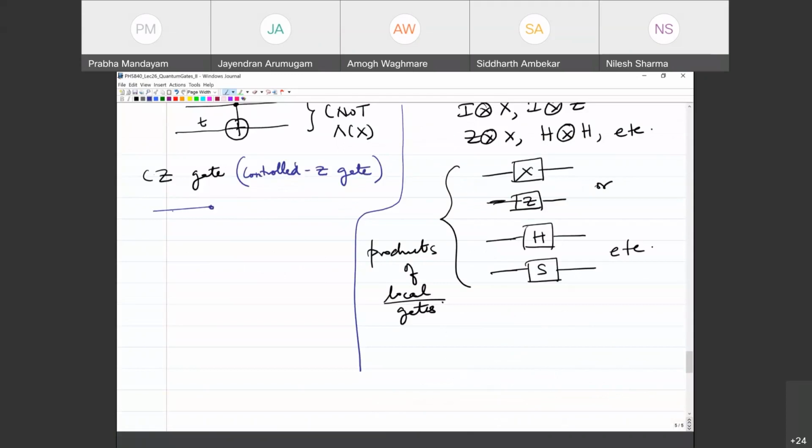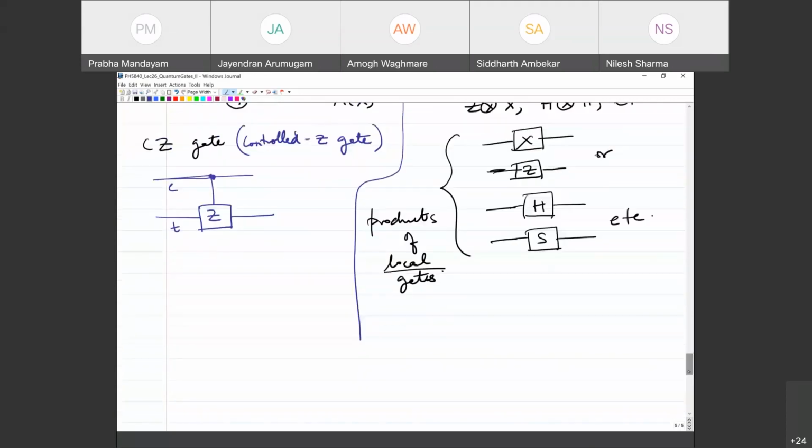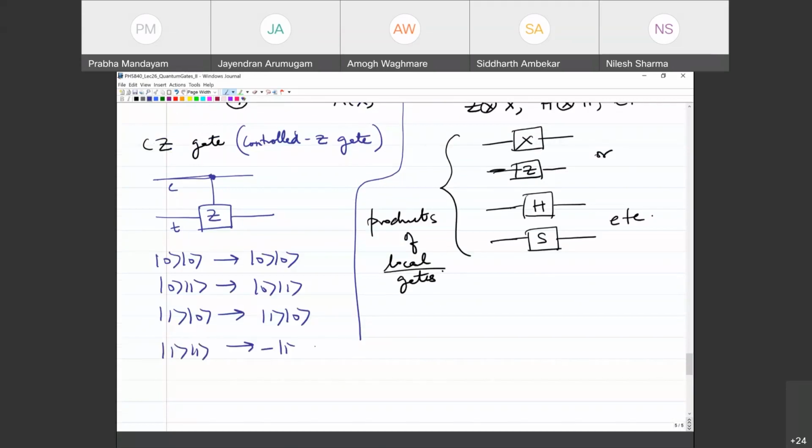Just like how the C0 would flip the second qubit if the control was set to 1, this will apply a Z gate to the target if the control is set to 1, right? So what would be the output of this? The 0, 0 will remain 0, 0, and the 0, 1 will remain 0, 1. But the 1, 0 again will remain a 1, 0, and the 1, 1 becomes a -1.